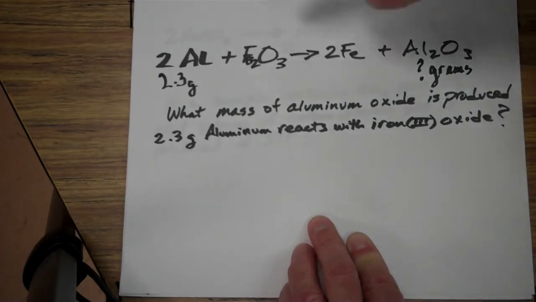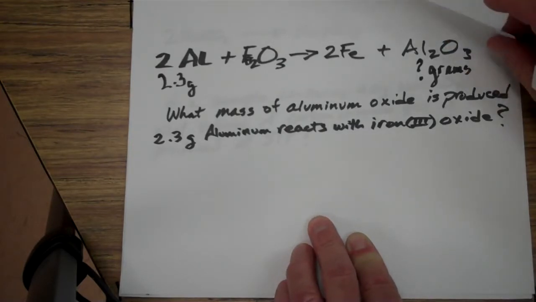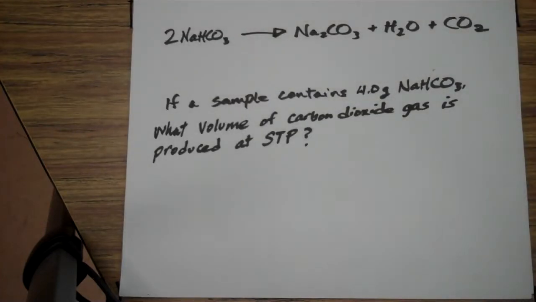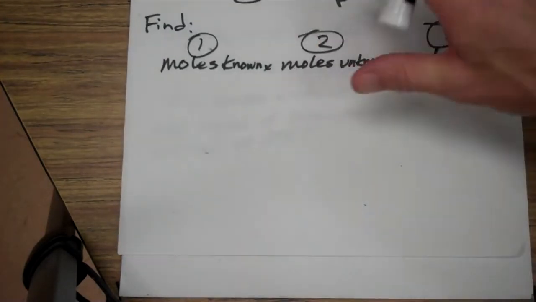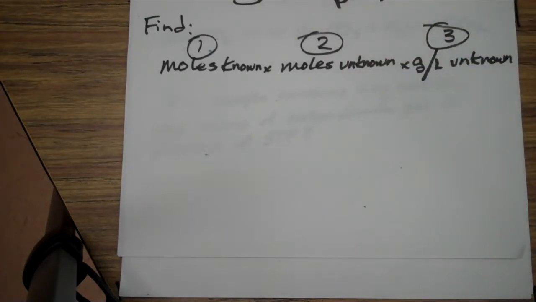Okay, so I've identified my known, I've identified my unknown, and now I'm ready to plug in my 3 steps. Now the 3 steps again are finding moles of known, finding moles of unknown, and then finding grams or liters of unknown.